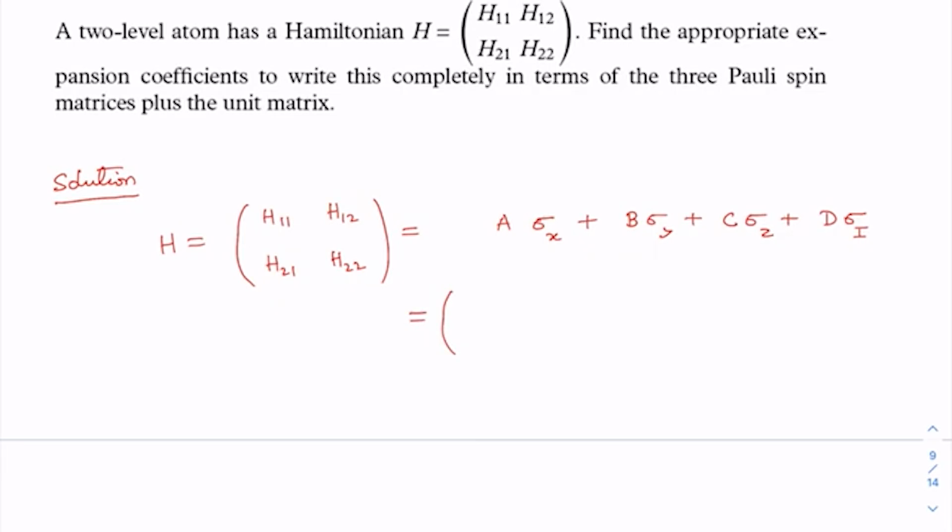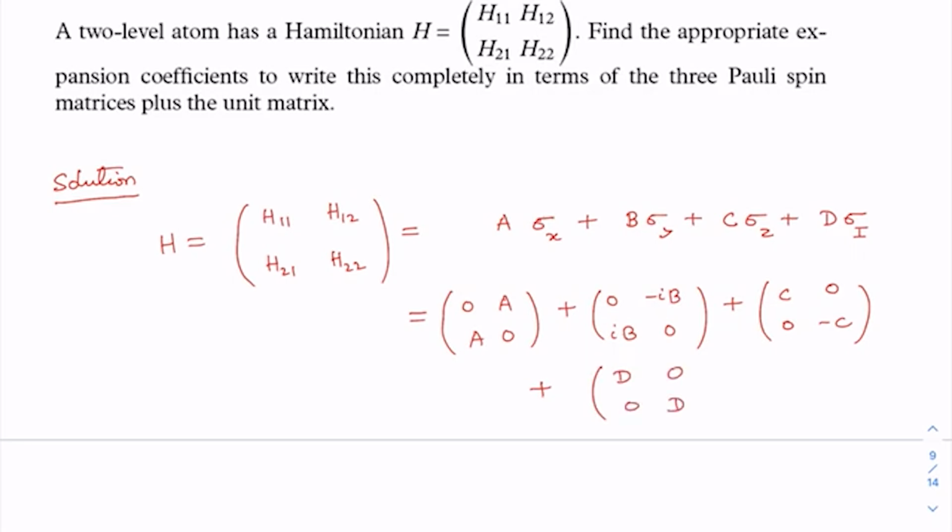The first term, sigma x is 0, 1, 1, 0, so I'll have 0, A, A, 0. Sigma y, I know, is 0, minus i, i, 0, so here I will have 0, minus iB, iB, 0. The third term would be C, 0, 0, minus C. And the last term, because sigma I is the identity matrix, I'll have D, 0, 0, D.